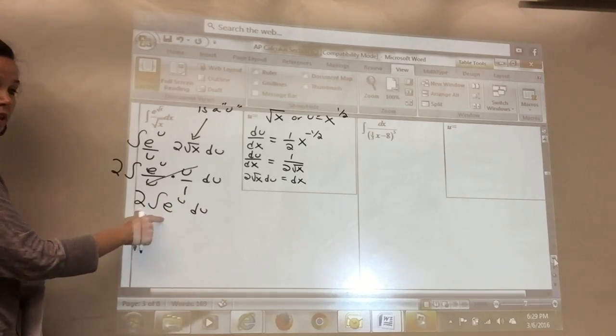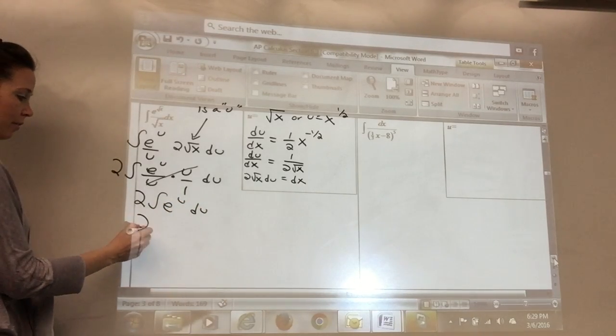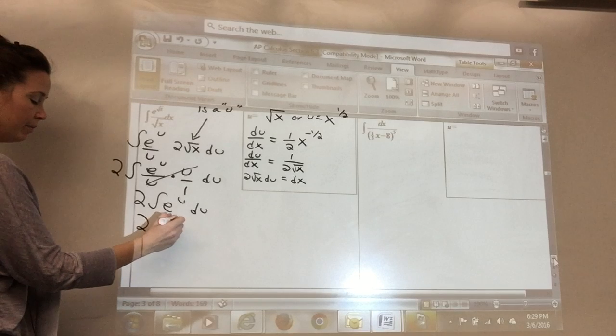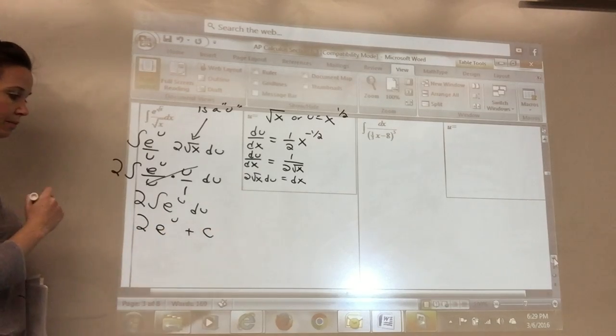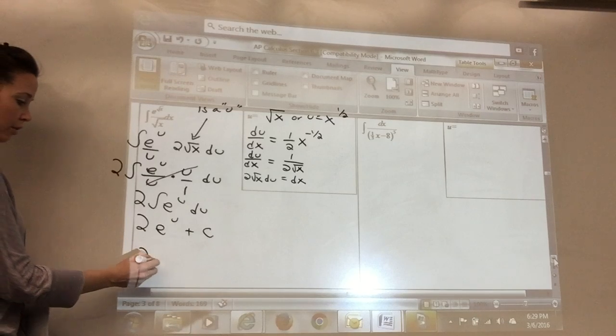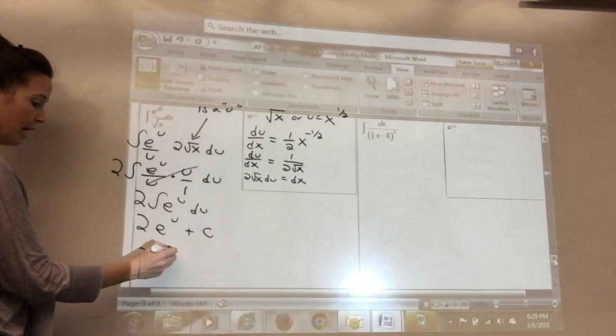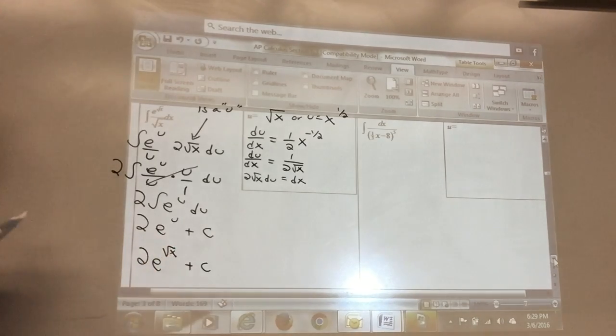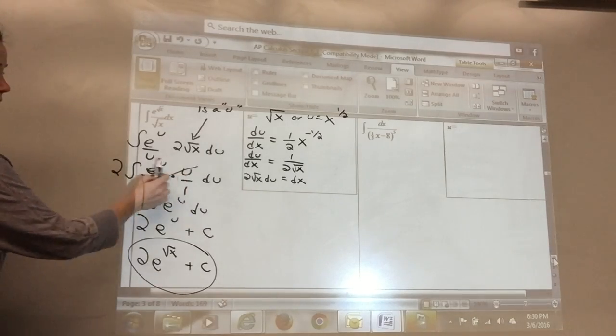The integral of e to the u is e to the u, so I have e to the u plus c, and then I have to replace my u, so 2e to the square root of x plus c. And there's your final answer. Okay, so definitely a good thing to look at right here.